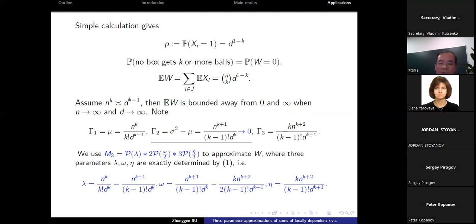Under this additional assumption, n to the power k is approximately the same as d to the power k minus 1.